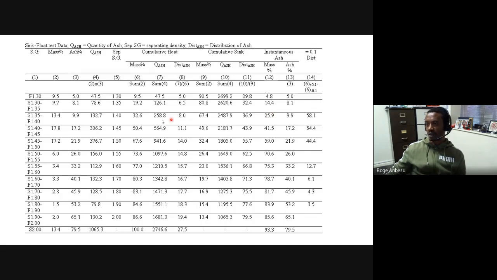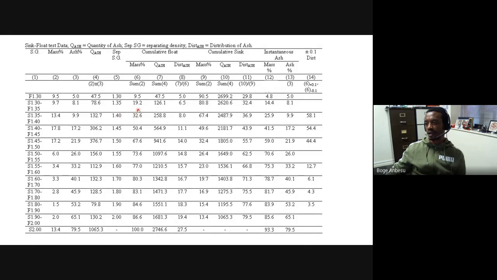We get that number by simply coming here, and this is specific gravity range between 1.3 and 1.4. And I come back here, and at this particular range, which is 1.4, I take the average of 1.35 and 1.4, which is 19.2 and 32.6.